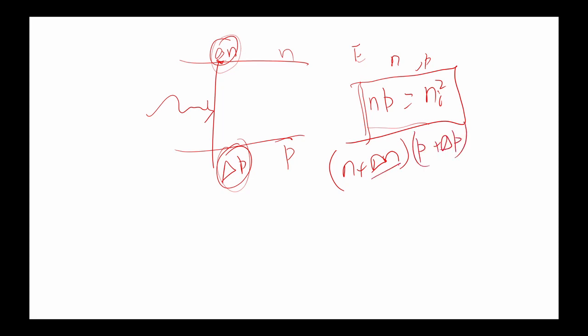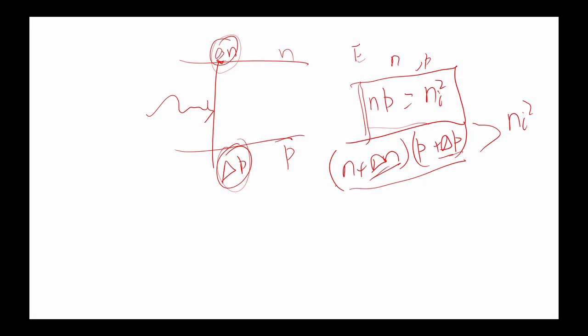There are more electrons and more holes created, so it is more than ni square: np is greater than ni square. A system always wants to go to equilibrium, so these extra electrons and holes will try to recombine, and they will recombine.